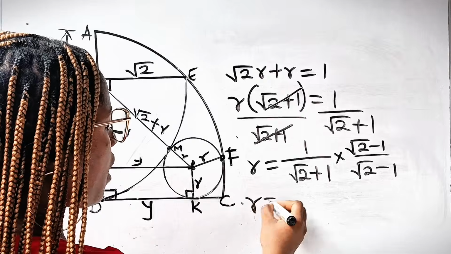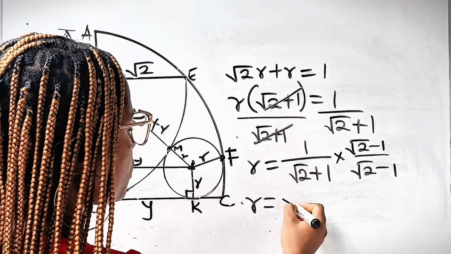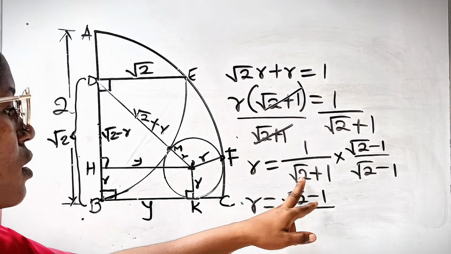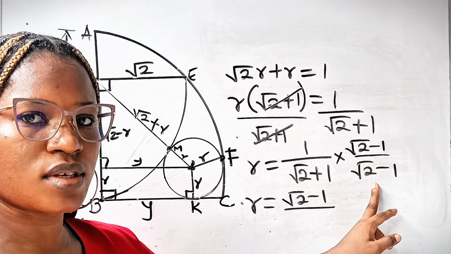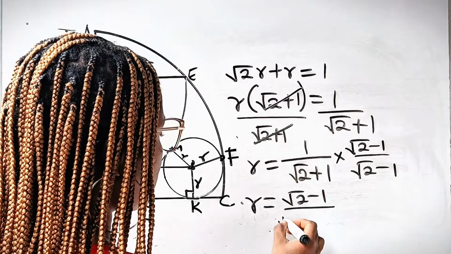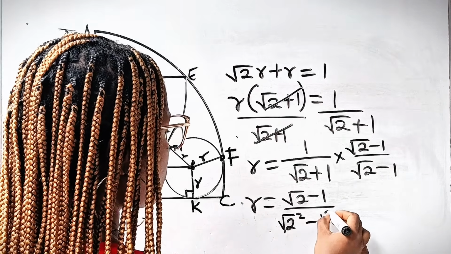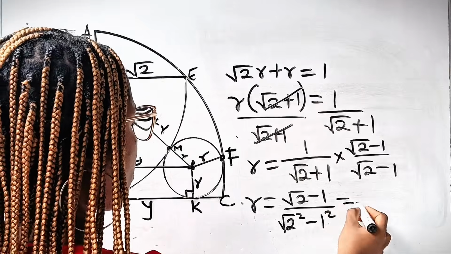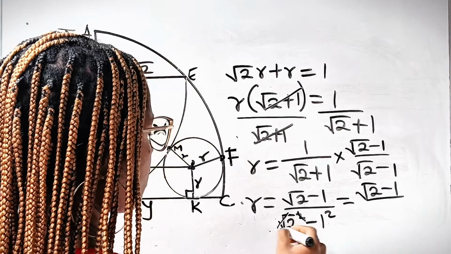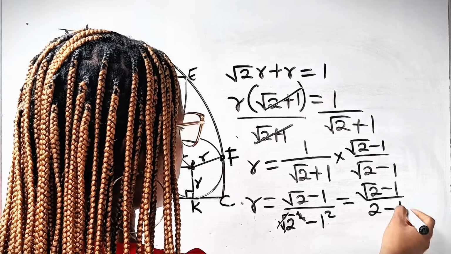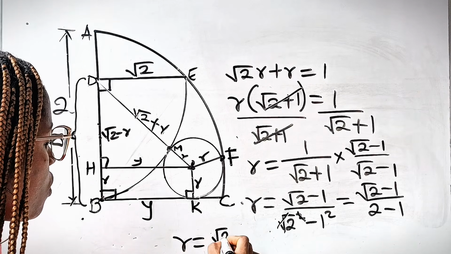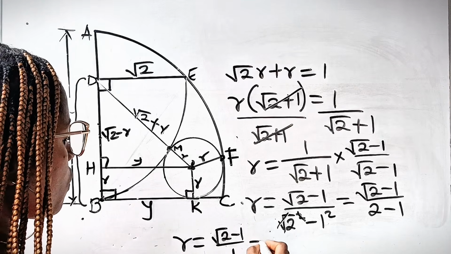So we are going to have R is 1 times root 2 minus 1, which is root 2 minus 1, divided by, now applying difference of two squares to the denominator, root 2 squared minus 1 squared. So we'll end up having root 2 minus 1 over root 2 squared, which is 2, minus 1 squared, which is 1. So finally our R will be root 2 minus 1 over 1, which is equal to root 2 minus 1.